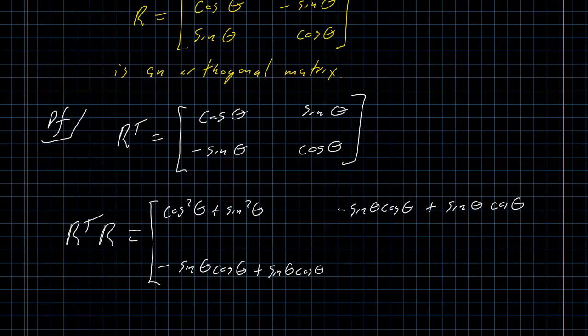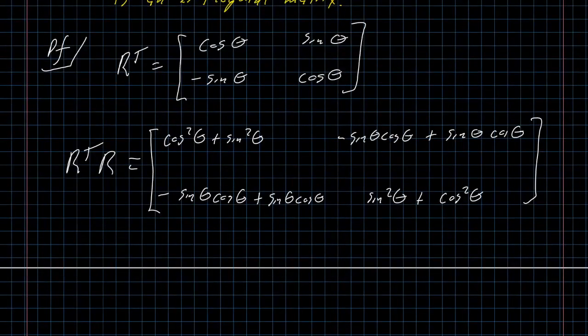Then we'll take second row, second column. Negative sine theta times negative sine theta is sine squared theta. Cosine theta times cosine theta is cosine squared theta. And you'll notice here that on the off diagonal, minus sine cosine, positive sine cosine, those things are going to be 0. On the main diagonal, you will notice the Pythagorean identity.